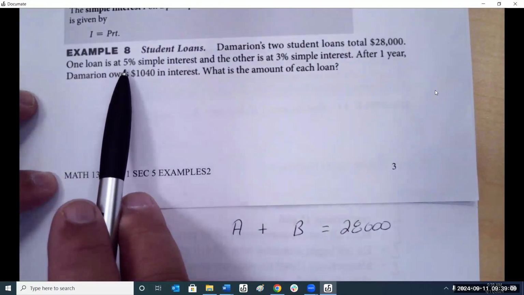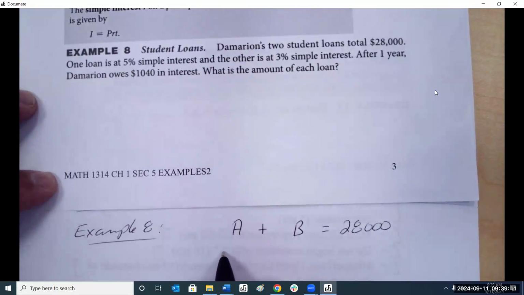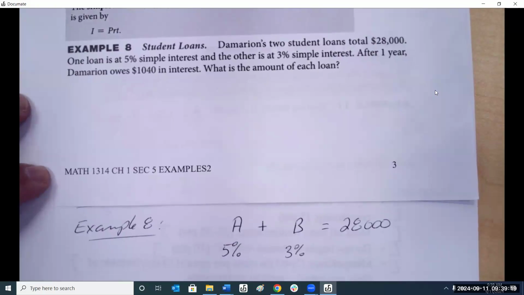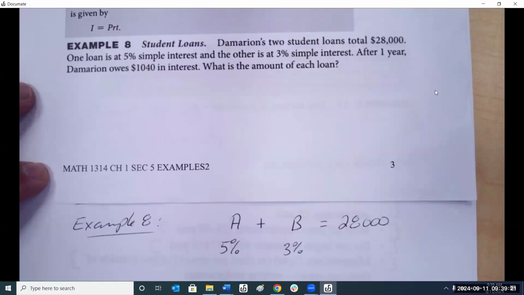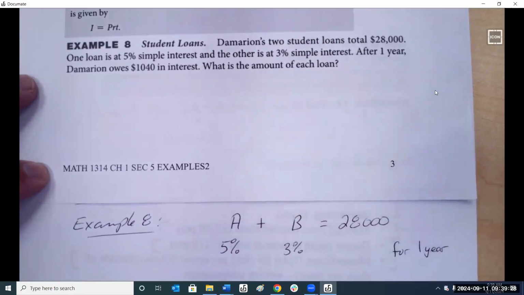One loan is at 5%, let's call that loan A. One loan is at 3%. Simple interest, for 1 year, because after 1 year, Marian owes $1,040.